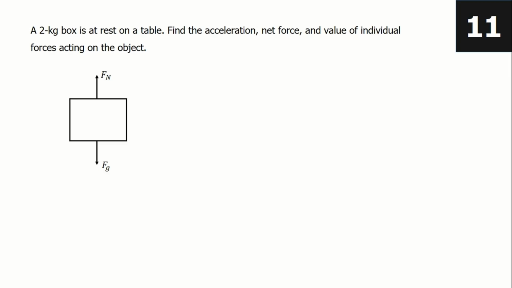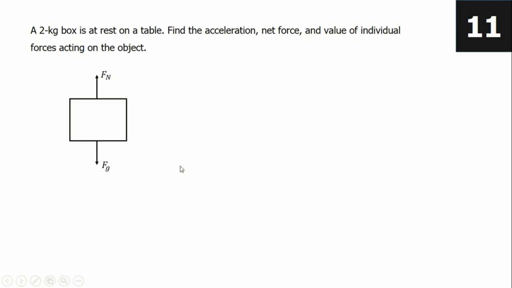Since the object is at rest on a table, the table will be exerting an upward force on the object, which is manifested here as the normal force. And since the object has a mass of 2 kilogram, it would have a weight or a gravitational force acting downwards.